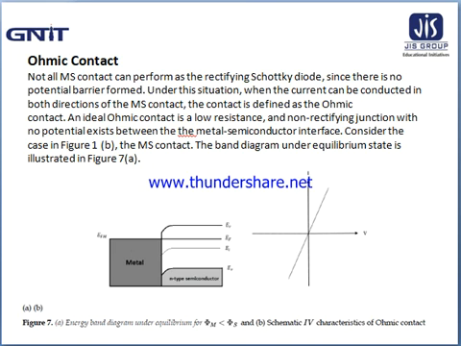When there is an applied reverse bias voltage, a small potential barrier is formed for electron flow from metal to semiconductor. However, the small barrier will eventually vanish when the reverse bias voltage becomes larger. Now there is a large reverse current flow when V is less than 0, and the IV characteristics is shown in figure 7b.